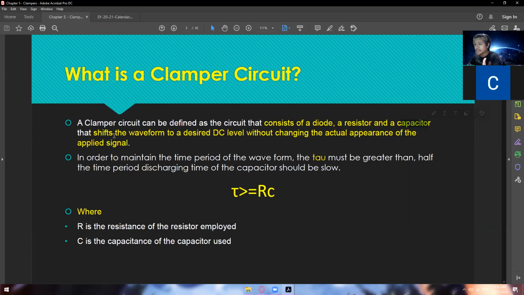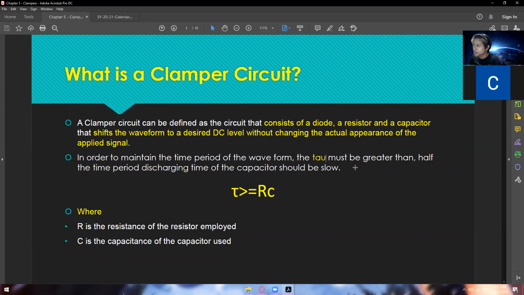Okay, wherein it can shift the waveform to a desired DC level without changing the actual appearance of the applied signal. So again, in order for us to maintain that kind of period, without distorting the shape of the level or the waveform, the tau must be greater than half the time period discharging time of the capacitor.